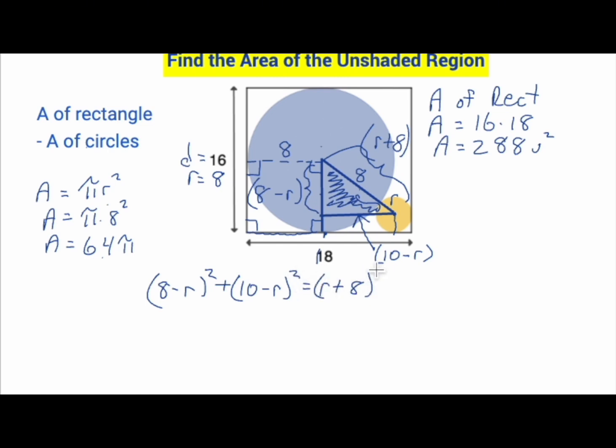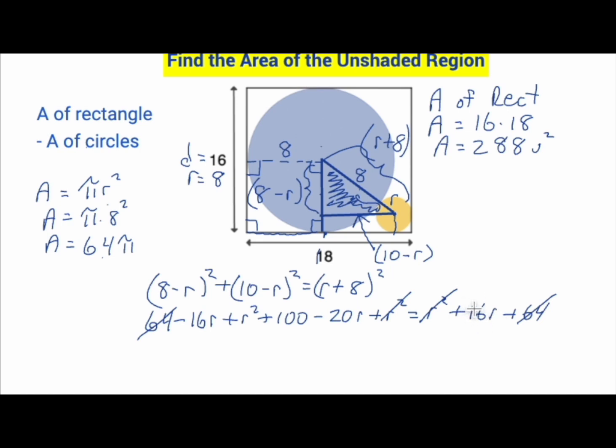I'm going to foil everything out and combine some like terms. 64 minus 16r plus r squared plus 100 minus 20r plus r squared equals r squared plus 16r plus 64. I have an r squared on the right and an r squared on the left. We can cancel those out. I have a 64 on the right and 64 on the left. We can cancel those out.